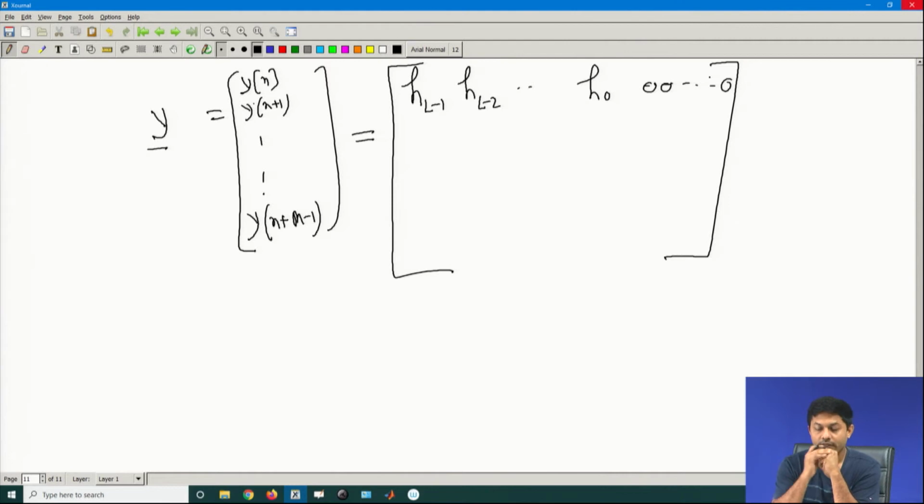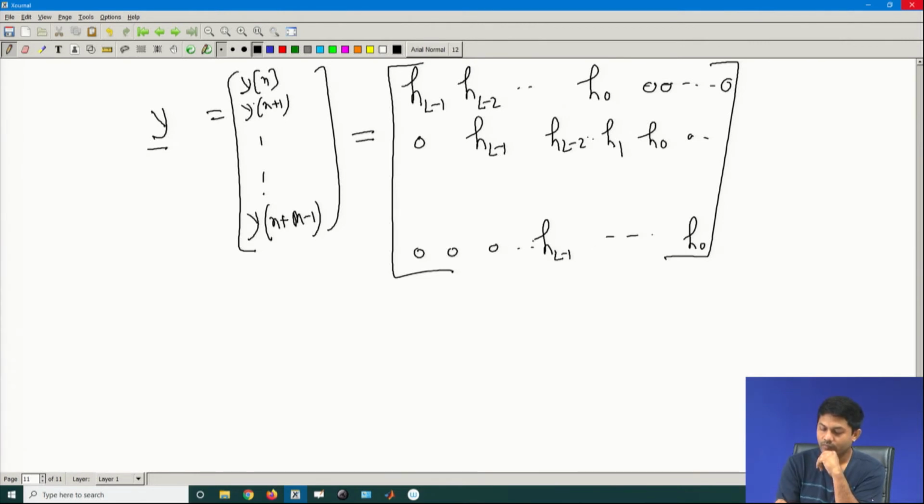Then this will be shifted: H(L minus 1), H(L minus 2), and then here H1, then H0, some 0. So, at the end it will be H0, H(L minus 1) in between, and it will start from 0. This is how the channel matrix is, right.